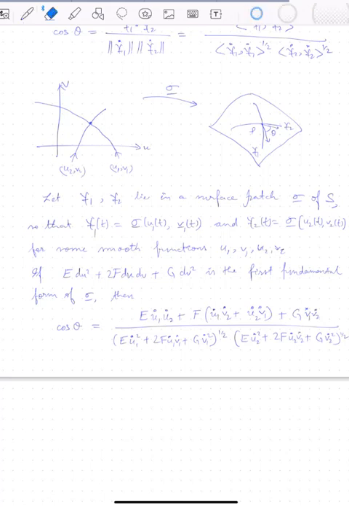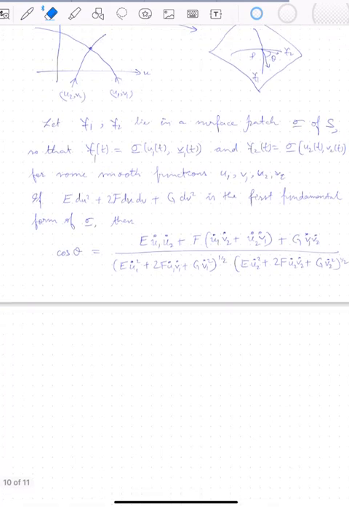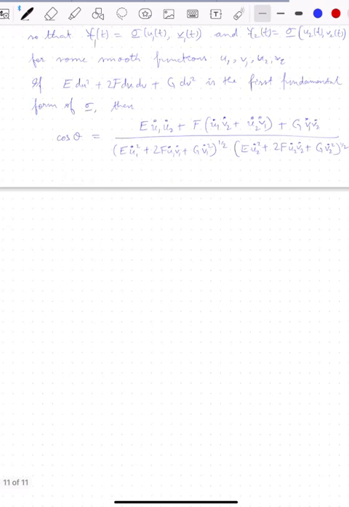And I'll give a few definitions before we move on to talk about equiareal maps.